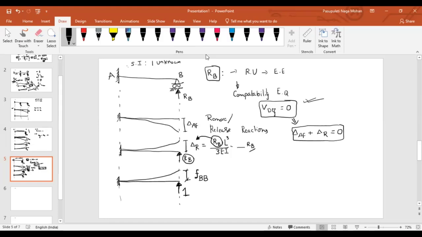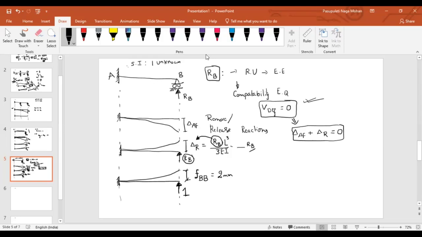Now, first of all, tell me, because of the unit force, let us say that it is deflected by an amount of 2 mm. Because of unit force, it is deflected by 2 mm.